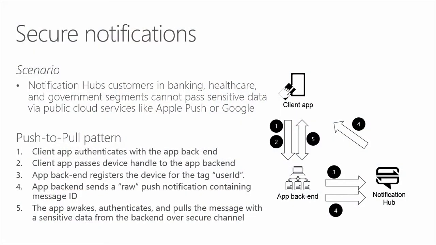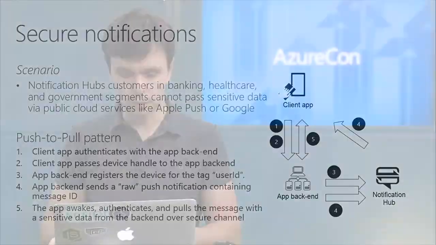You can send a correlation ID in the actual push notification. And once the client app receives that correlation ID, it is able to pull the data from a service bus queue or from other on-premise secure location that offers the needed SLAs around protecting the data that the enterprise cares about. This pattern is very popular among banks using Azure Notification Hubs or healthcare or governmental agencies.